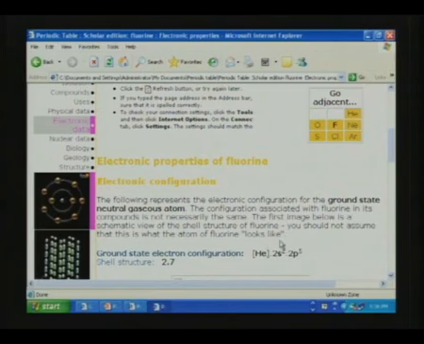So for alkali metals like lithium, sodium, potassium, you will see there is an ns1 electron. Okay, the outermost valence shell has one electron in the s level. So the alkali metals will readily try to give out the electron and form a cation. But for halogens, it is just the reverse.